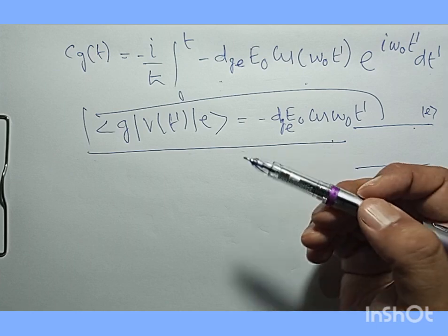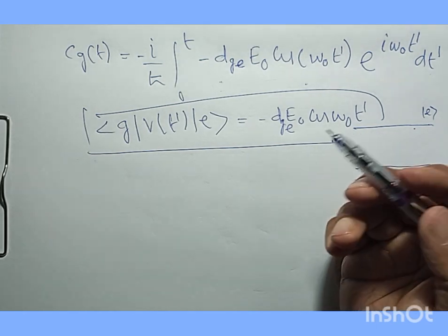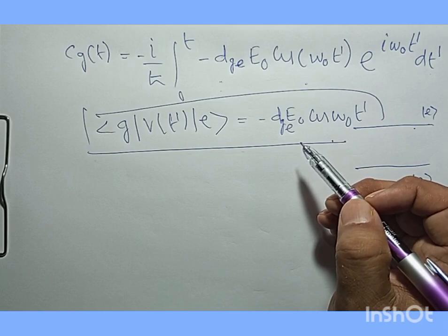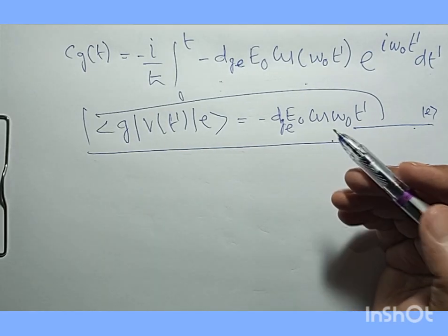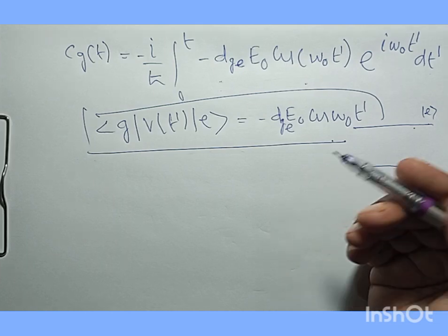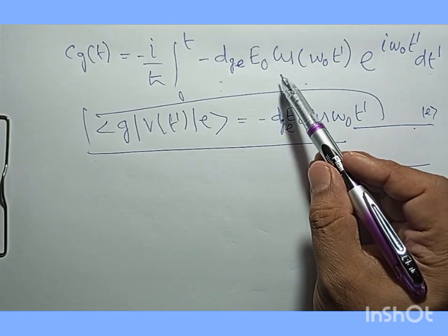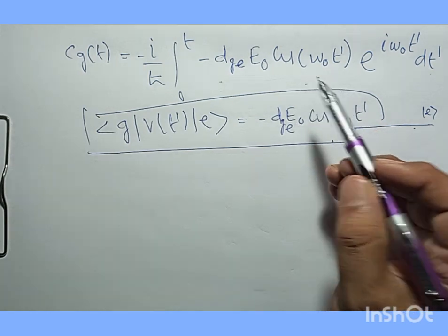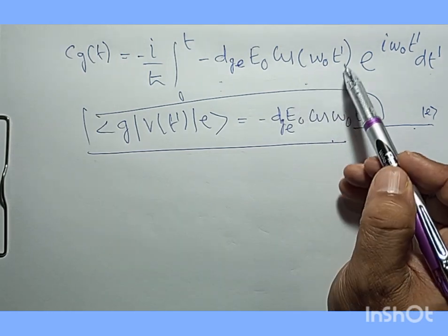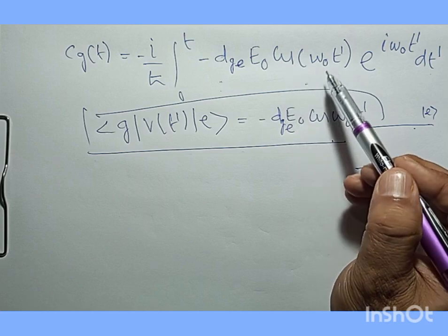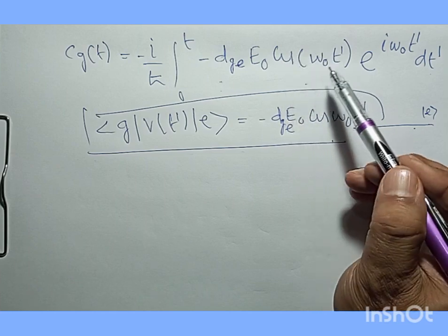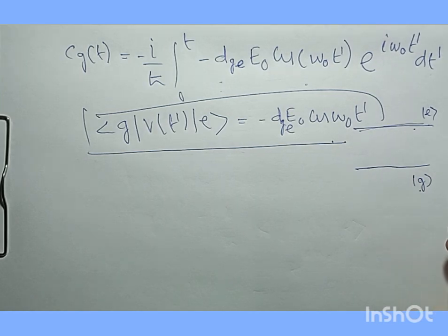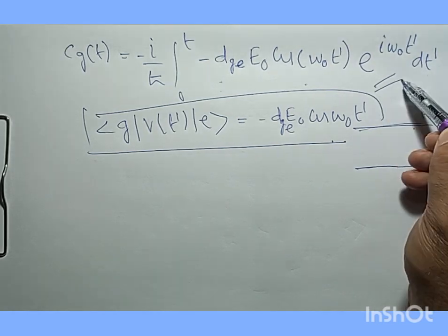In spontaneous emission, the electric field can be approximated as E naught cos omega naught t dash. The oscillatory nature of the electric field corresponds to the electromagnetic wave emitted as the atom makes the transition from the excited state to the ground state. And then we have this exponential factor.